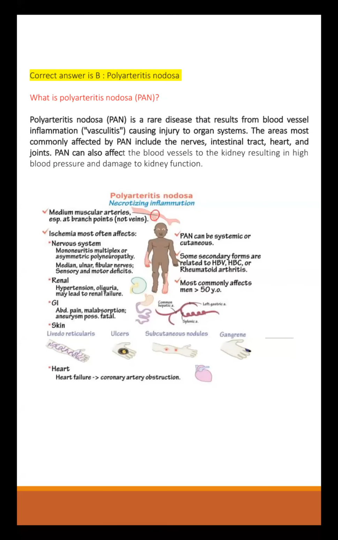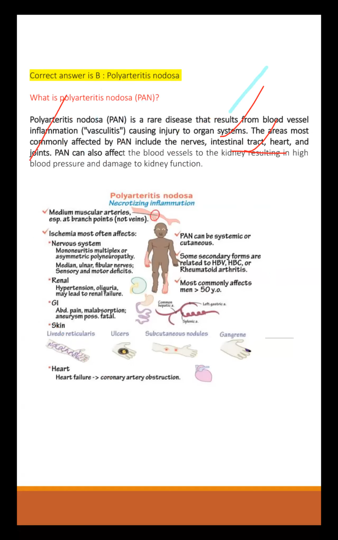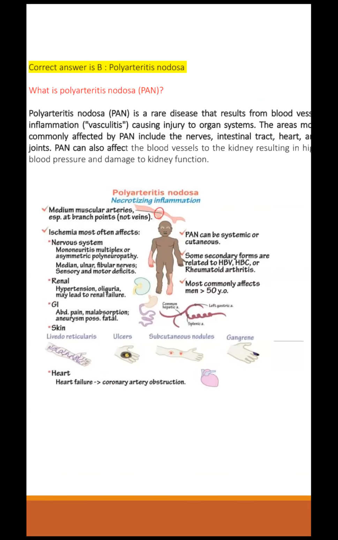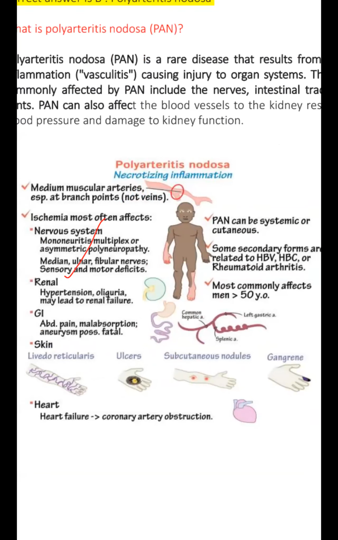It's a rare disease, but it's a blood vessel vasculitis causing injury to organ systems. The areas most commonly affected include nerves, intestinal tract, and heart. So all systemic: heart, intestine, joints, all involved. See this picture. In polyarteritis nodosa, in the kidney there is hypertension, oliguria.